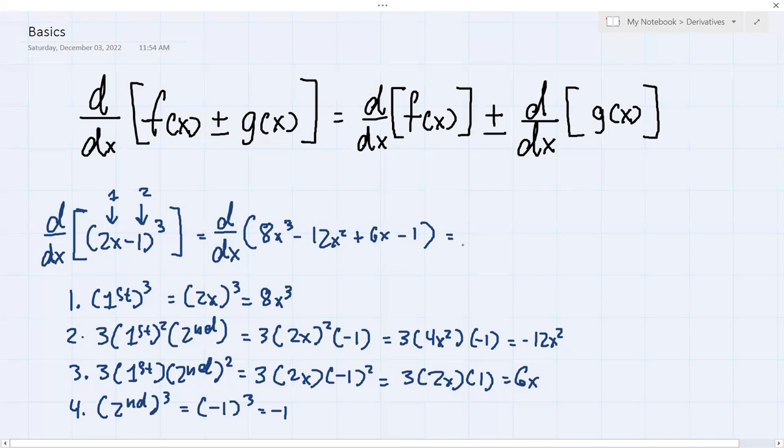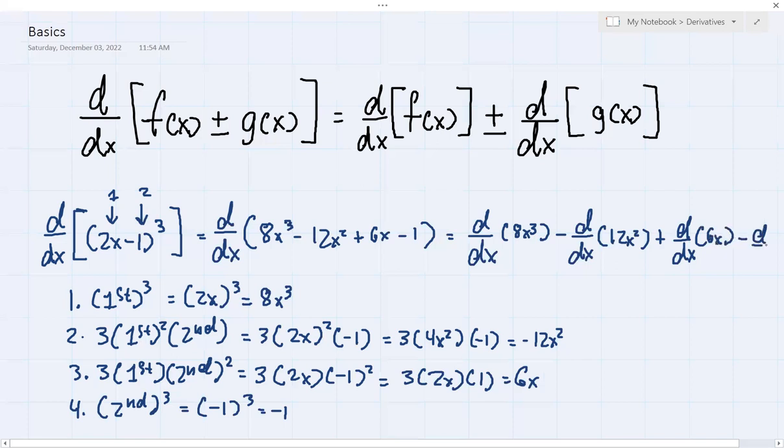Now, we can differentiate each of the given terms here. Okay? So we have the derivative of 8x cubed minus the derivative of 12x squared plus the derivative of 6x, wait, I forgot to put parentheses.